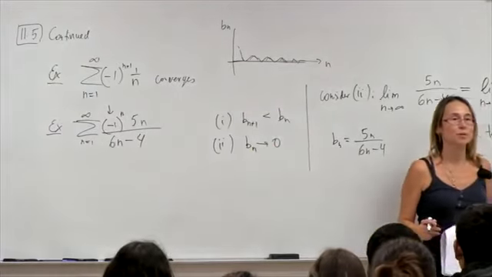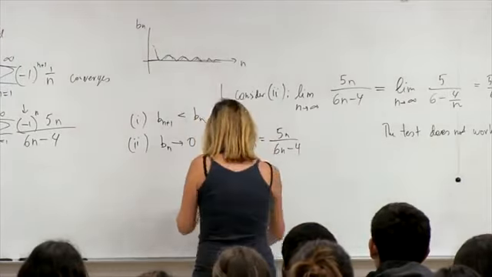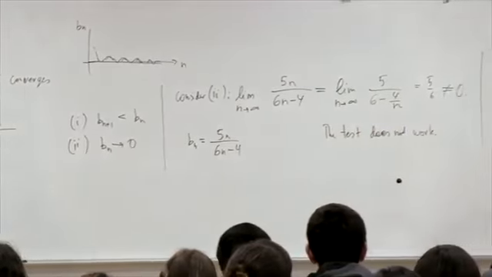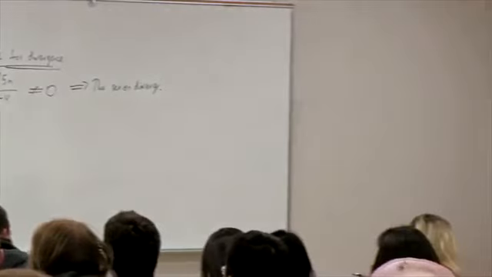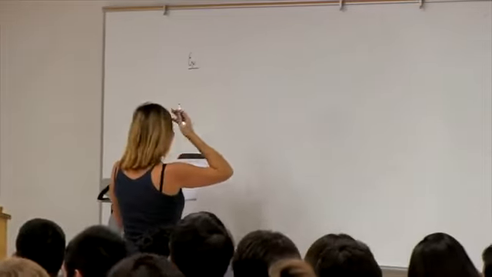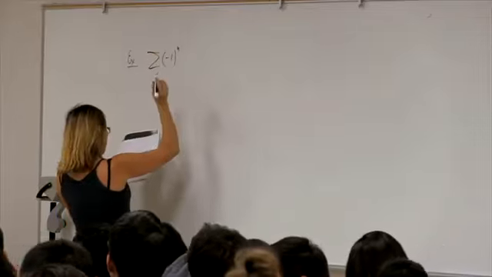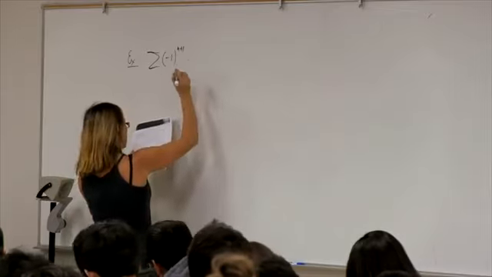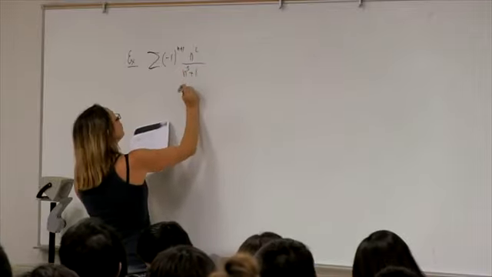Okay. More questions? Okay. Another example. It forces us to test exactly this condition, the first condition. So let's look at the following alternating series with b n equal to n squared over n cubed plus 1.